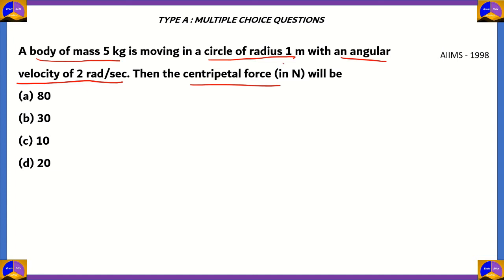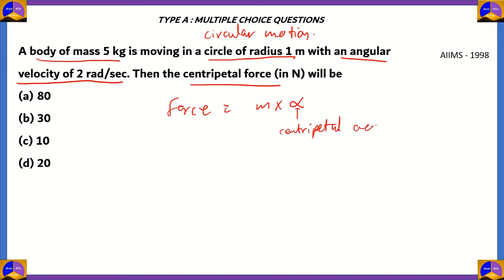Since we are seeing that the body is moving in a circle, it is undergoing circular motion. Therefore, in circular motion, the force will be equal to mass times the acceleration. Alpha refers to centripetal acceleration.